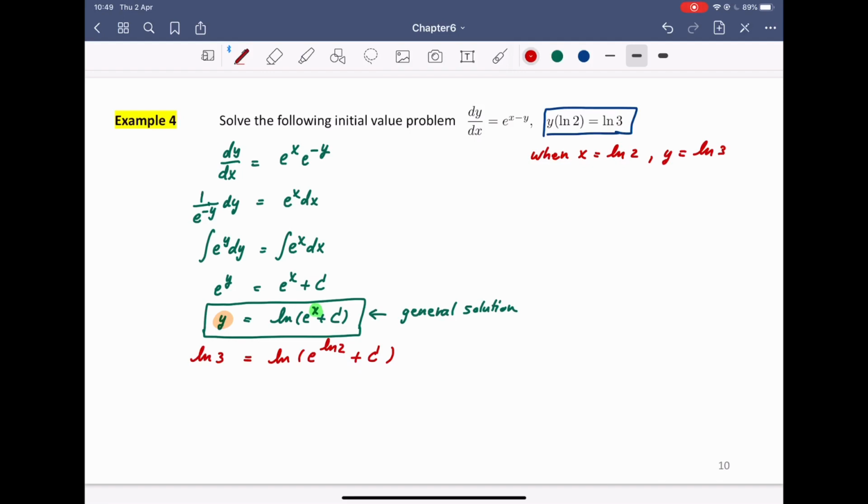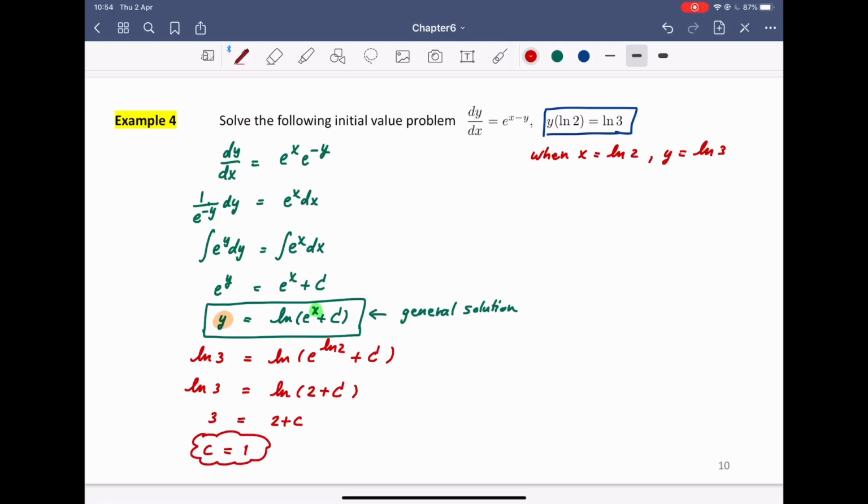So here I get log 3 equal to log of e to the log 2 plus c. Sorry, e to the log 2 is 2. If I cancel log on both sides, I get 3 equal to 2 plus c, and c is equal to 1 at the end.